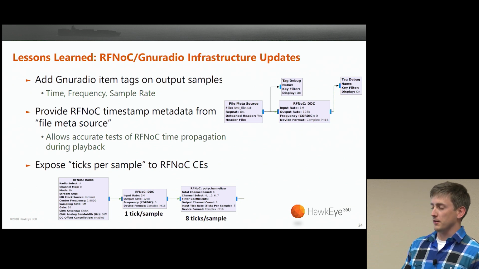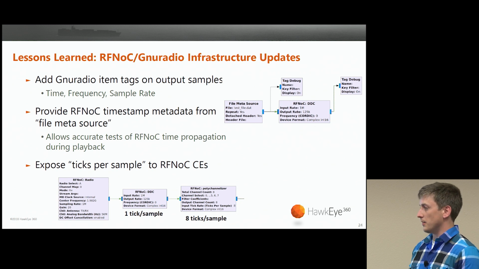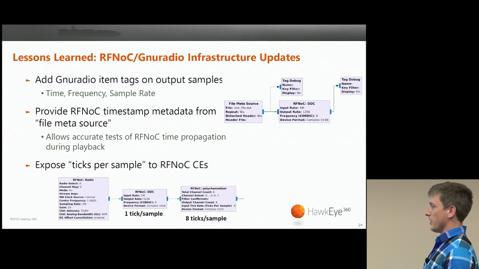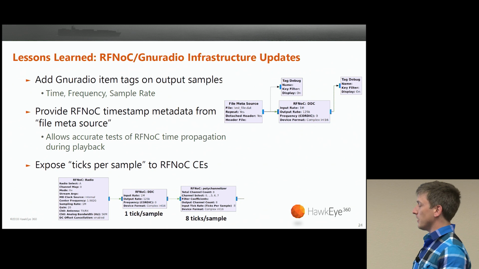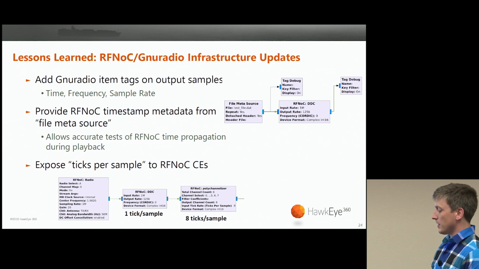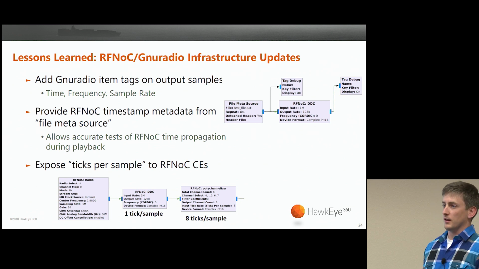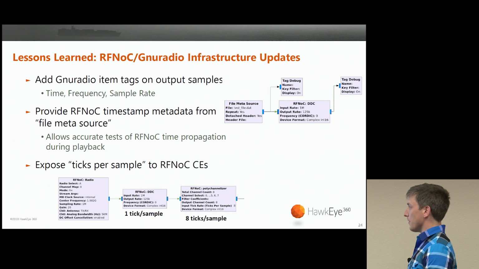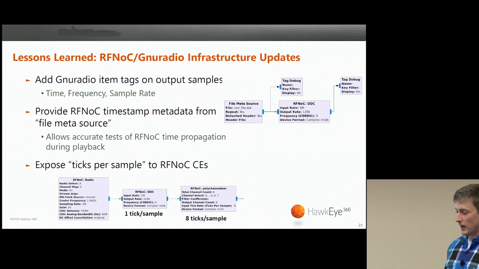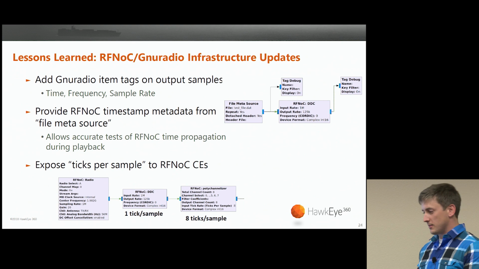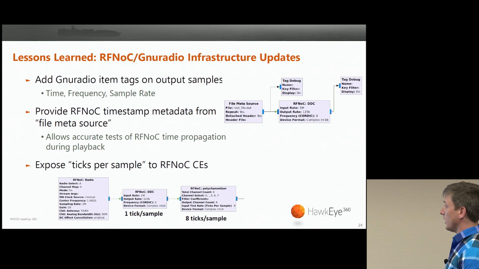We want to take that file that has an item tag saying the exact time, and then run that through our RFNoC flow graph, basically stimulating the result as though we were attached to a real radio. You also need a way to take those item tags from the input stream and translate that into metadata that gets passed to RFNoC. And again, we've got something that is not part of the cohesive RFNoC framework that does that, but it's something that you need to do.